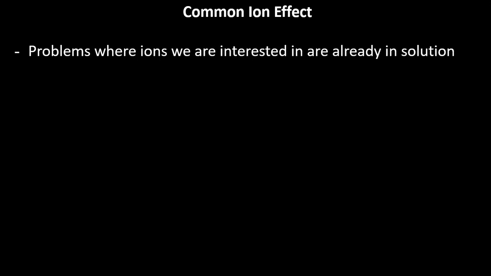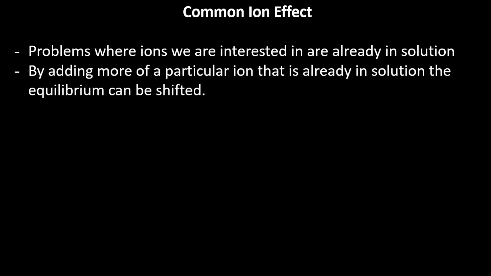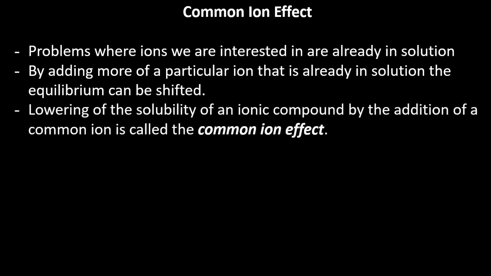And so we need to take into account when that kind of situation arises. And so we need to look at special situations where that is in fact the case, because it does change where the equilibrium position will sit.